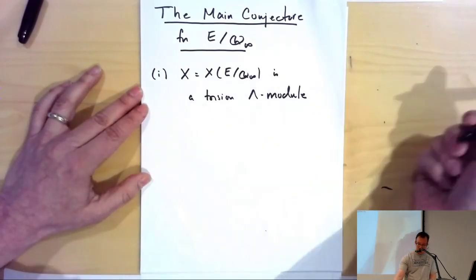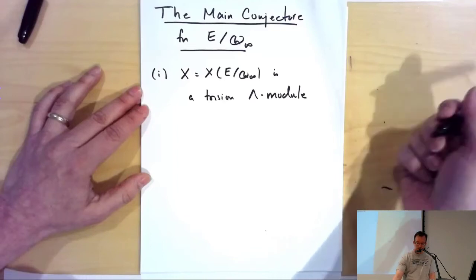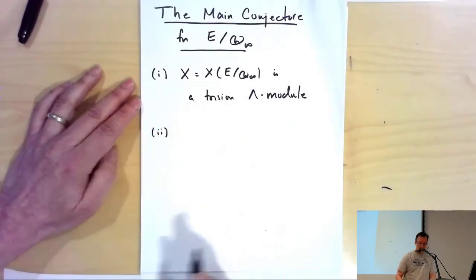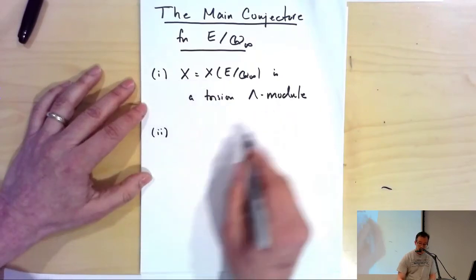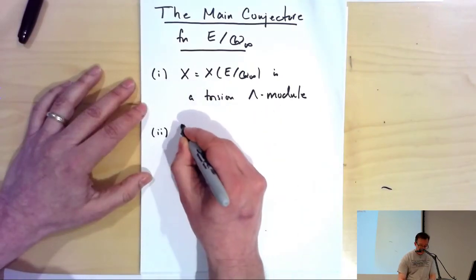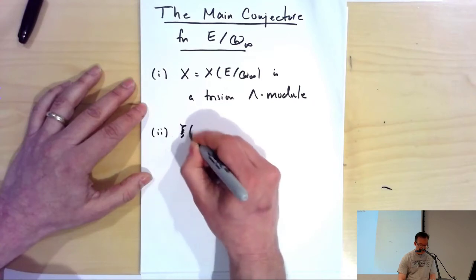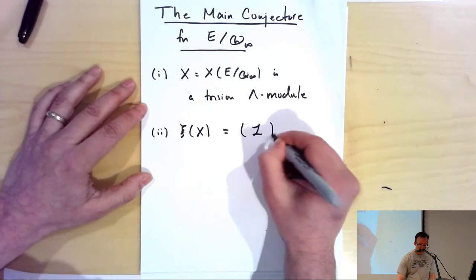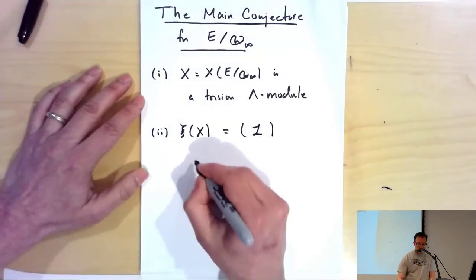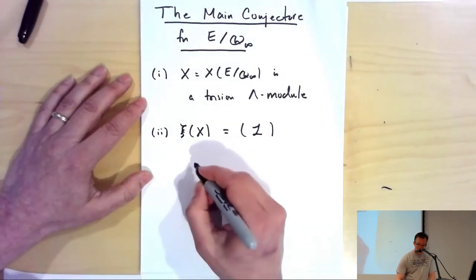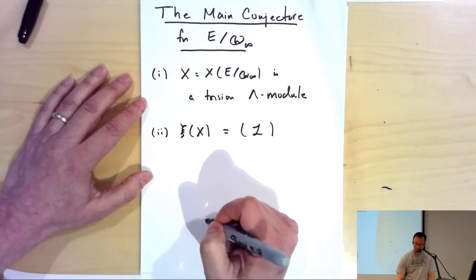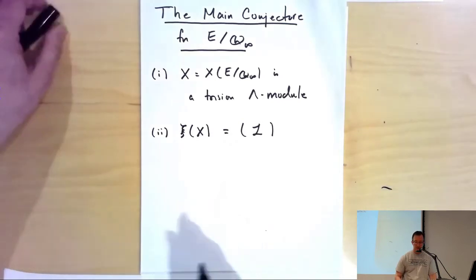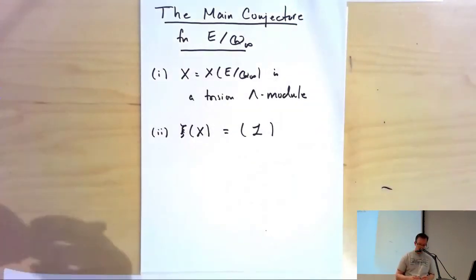And so we expect the characteristic ideal to look like something like L, and that's the next part of the conjecture. So that the C of X is actually generated by the p-adic L function. Maybe, yeah, I'll leave it like that. So the C of X is generated by this p-adic L function, L.